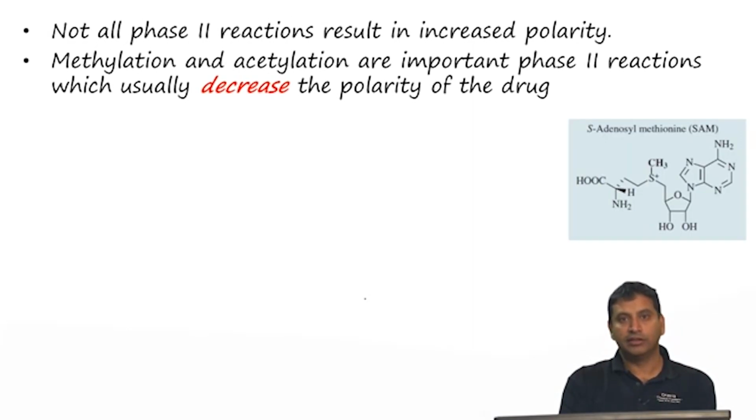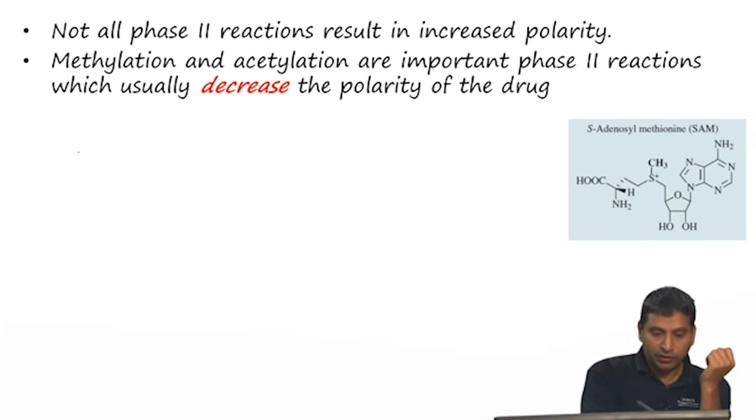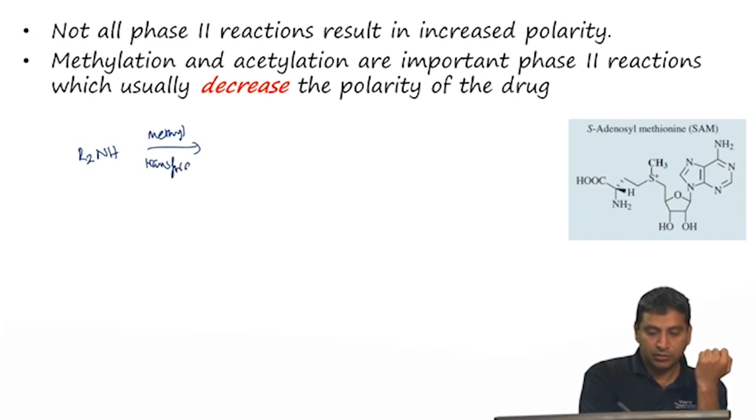The example that we looked at is methylation. Okay. So, when you have an amine such as R2NH, then there are methyltransferases which then convert this to R2NMe.